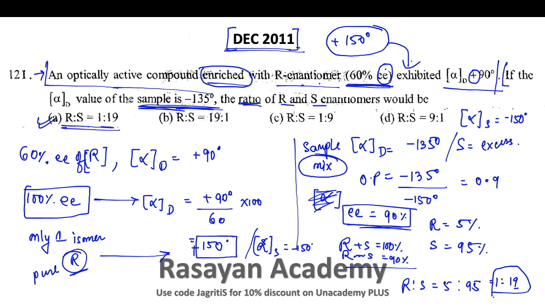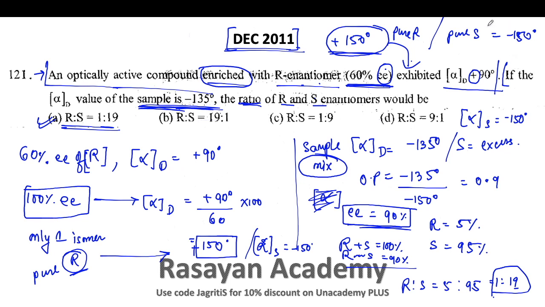So what did you do in this question, guys? Please understand it's a super important topic. The first sentence only gave you how much the pure R enantiomer is going to be, so pure R is plus 150. If you have found pure R, you can directly say pure S is going to be minus 150.